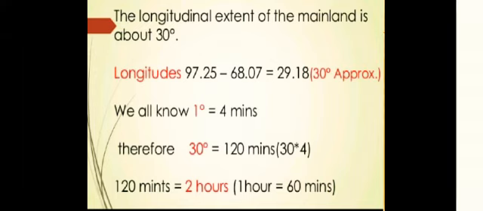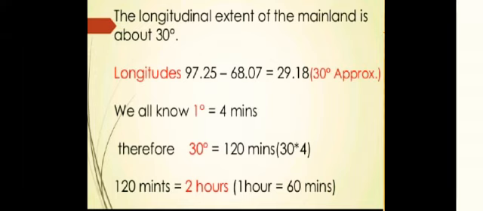As we are calculating the time, we shall consider the longitudinal extent of the mainland, which comes out to be 29.18, that is approximately 30 degrees. We all know 4 minutes is equal to 1 degree, which means for 30 degrees, it comes out to be 120 minutes.